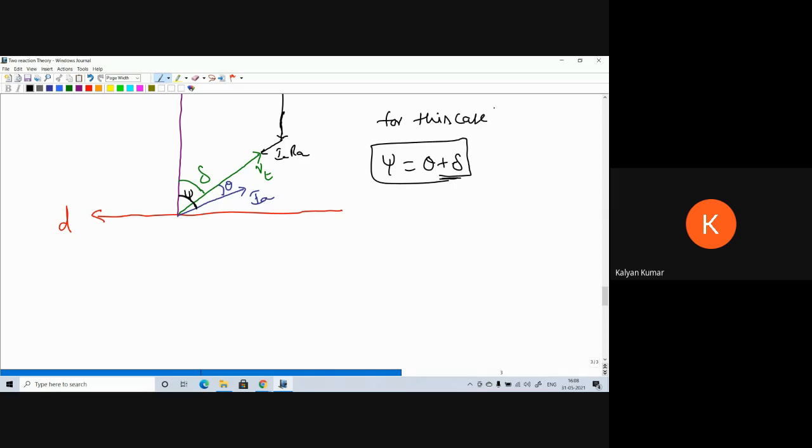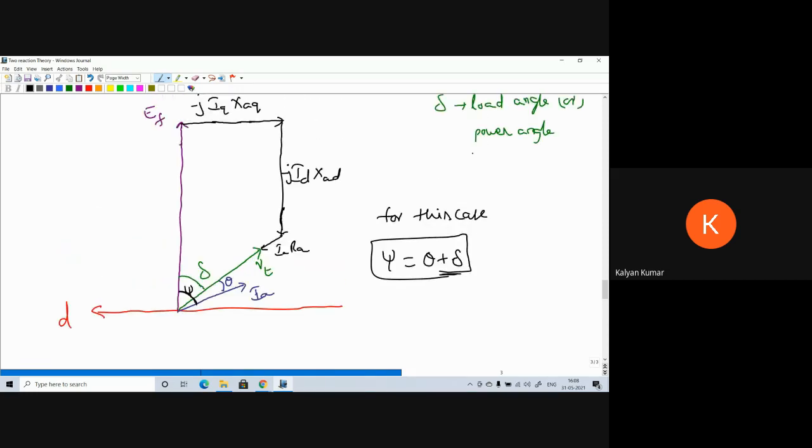Depending upon the machine, this relation is going to change, whether it is a synchronous motor or generator, and lagging or leading power factor. For this case, in this graph, we get psi equal to theta plus delta.